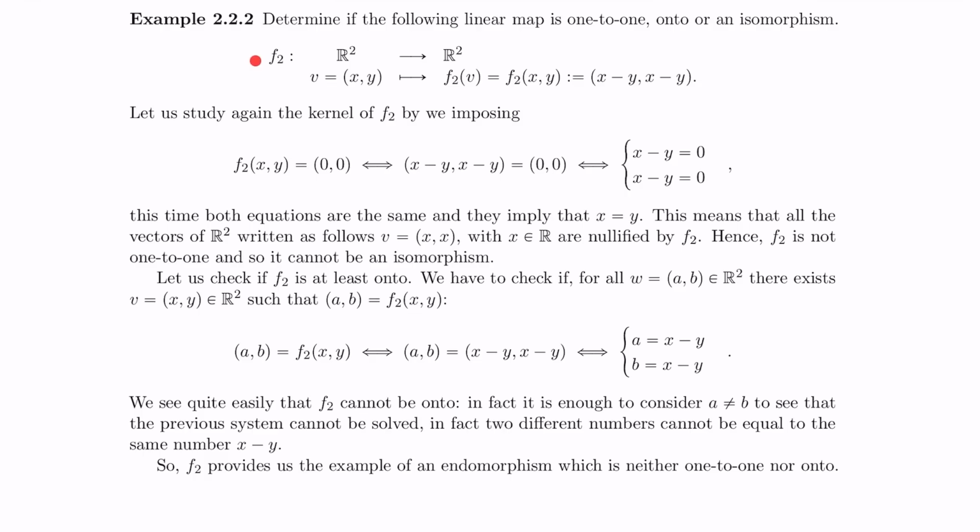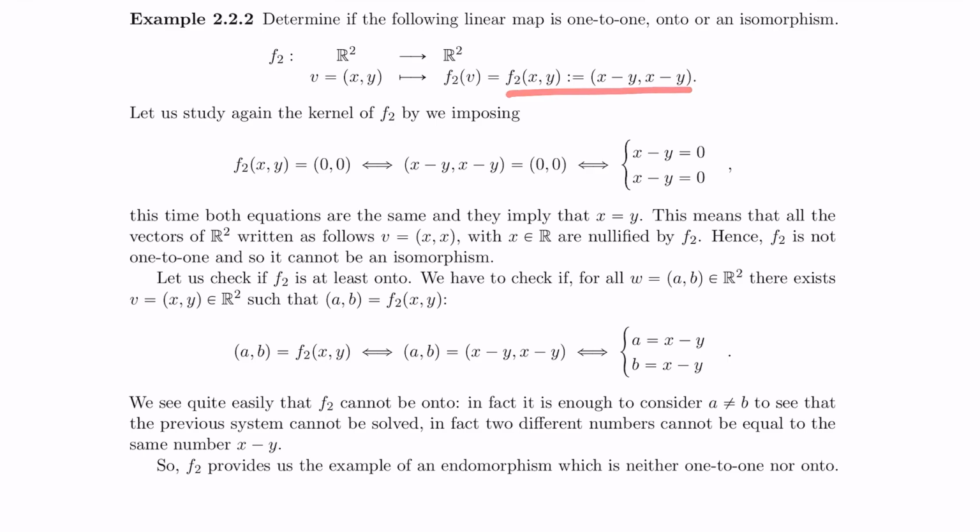Let's now consider the endomorphism F2. Notice that F2 and F1 are almost the same endomorphism, the only difference being that F1 had a plus sign here instead of the minus sign. In order to check if F2 is 1 to 1, we study the kernel of F2, and so we impose that F2 of x and y is equal to the null vector of R2.